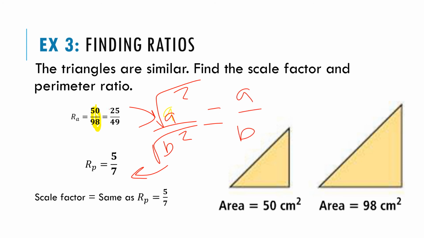So I'm literally just going to take both of these numbers and square root them, and that will work me backwards to find just the a over b number, which in this case is 5 over 7. Since it also asks us to find the scale factor, as long as we found the ratio of the perimeters, our regular a over b, which is 5 over 7, then the scale factor is going to be the exact same thing, 5 over 7.